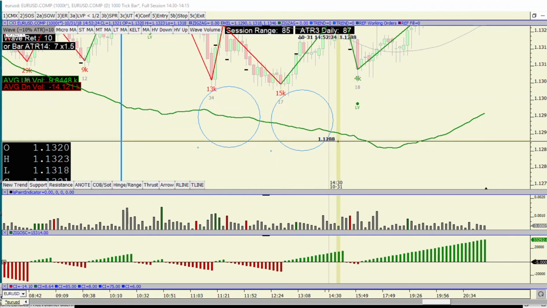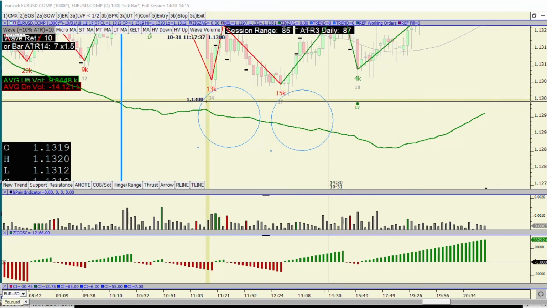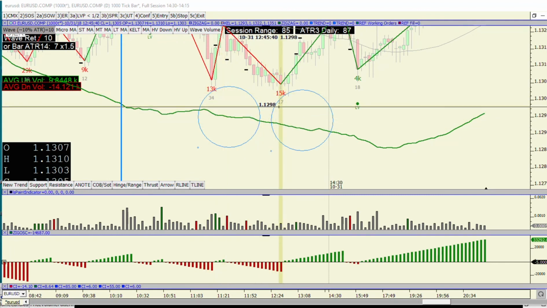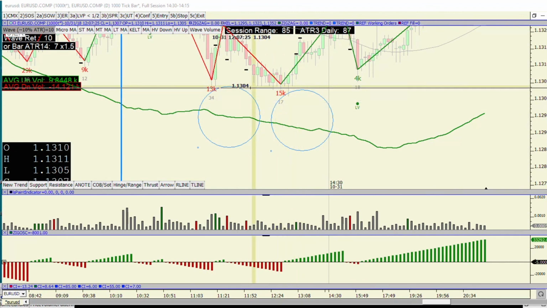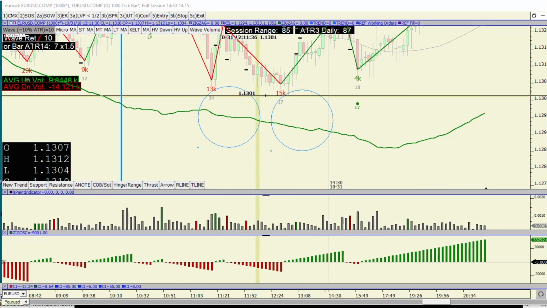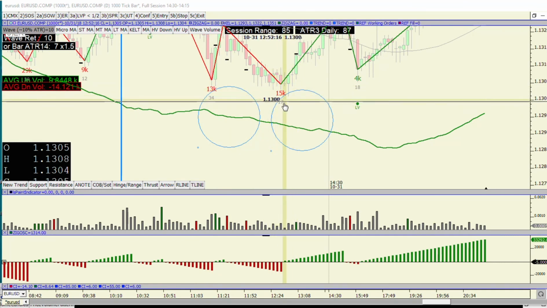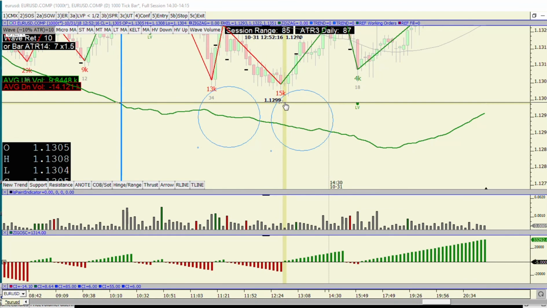What just happened? 13,000 pushes price 34 pips, but 15,000 pushes price half as much? You mean the same amount of volume only produced half the result? The same amount of effort only produced half the reward? How could that be?